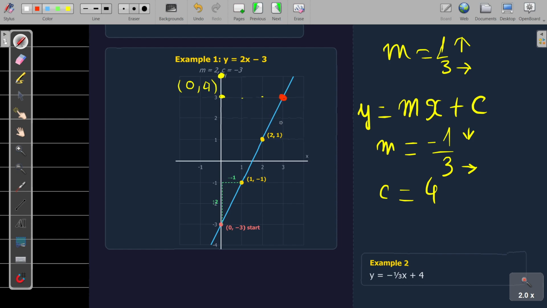And now, because I found 2 points, I will connect these 2 points together to form my second example line here. So I go through like this, very simply. It should be pretty straightforward.